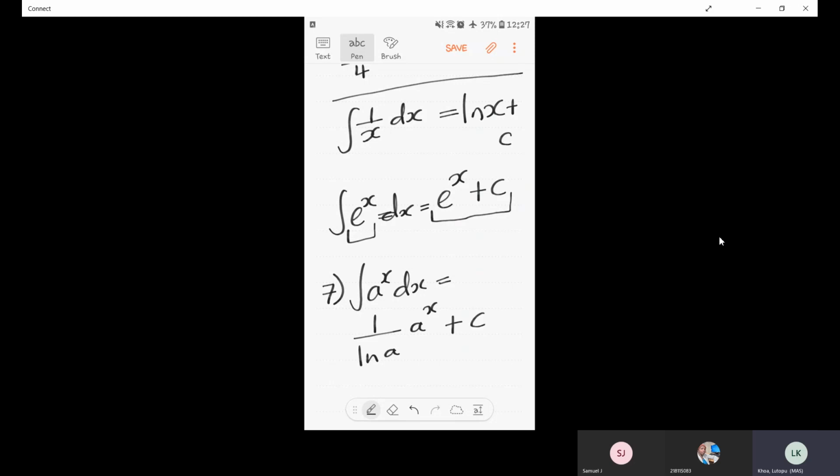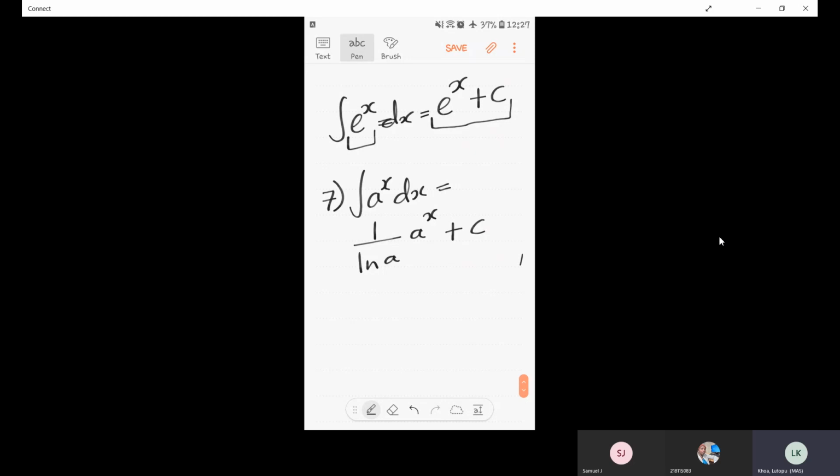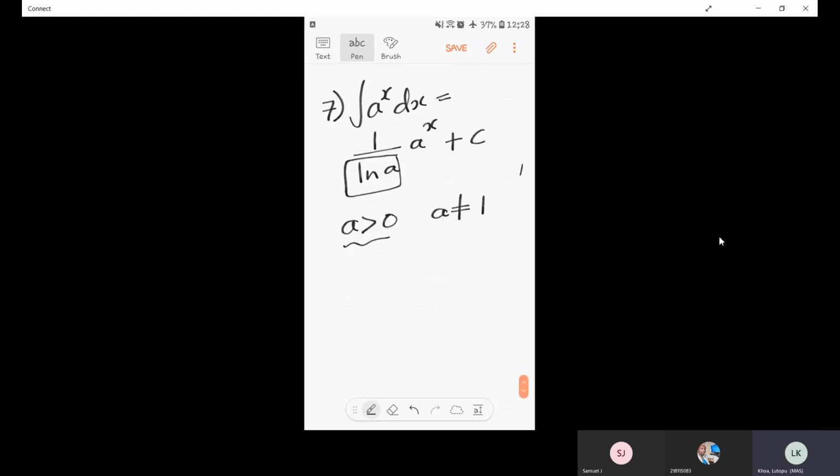Now here a must be positive, because you cannot take ln of a negative number. And here a is not equal to 1, because if it is equal to 1, then our denominator is equal to 0. And if a is negative, you are taking a logarithm of a negative term, which you are not allowed to do.